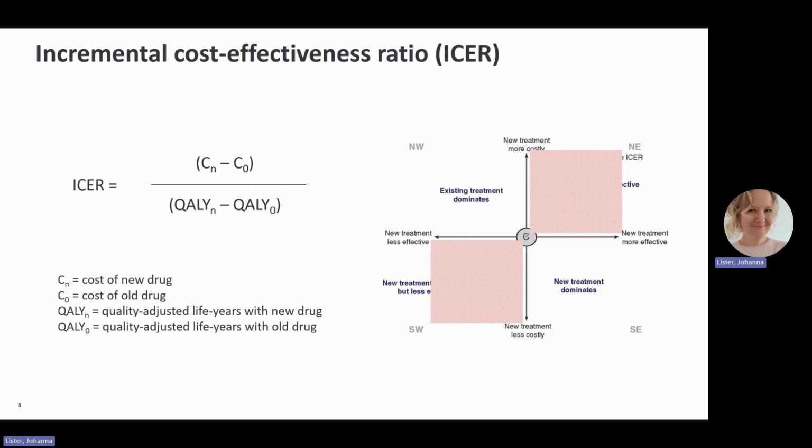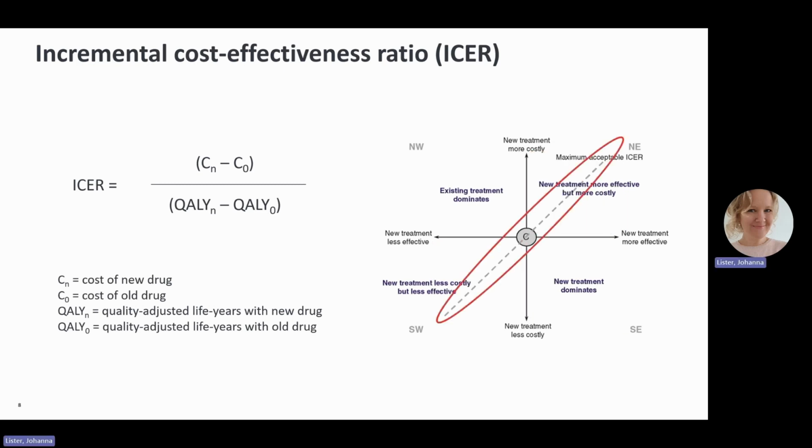Most new medicines fall into the northeast quadrant, that is, they are more effective than existing treatment options, but they are also more costly. How much more should we be paying for 1 additional unit of health, such as 1 QALY? On the graph, we also see this dotted line.